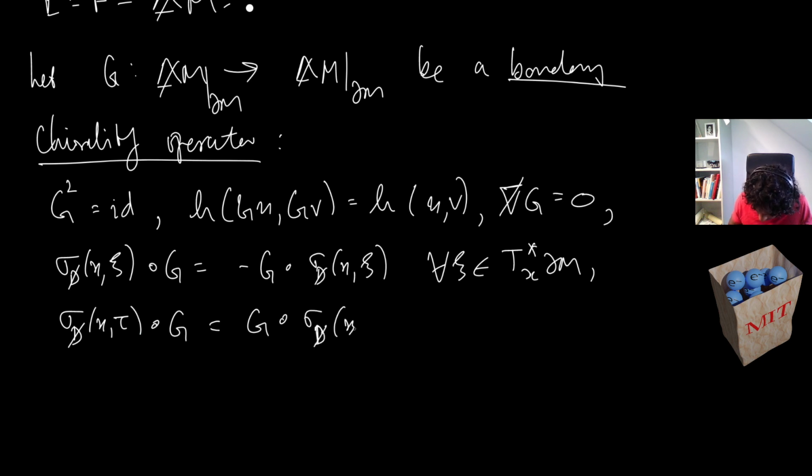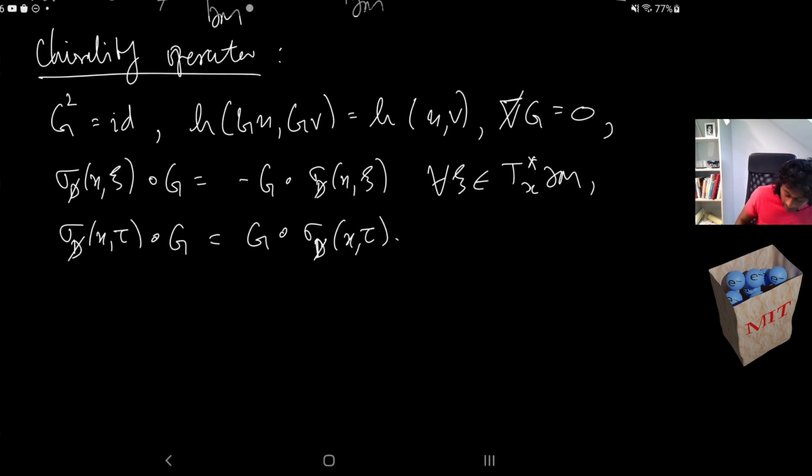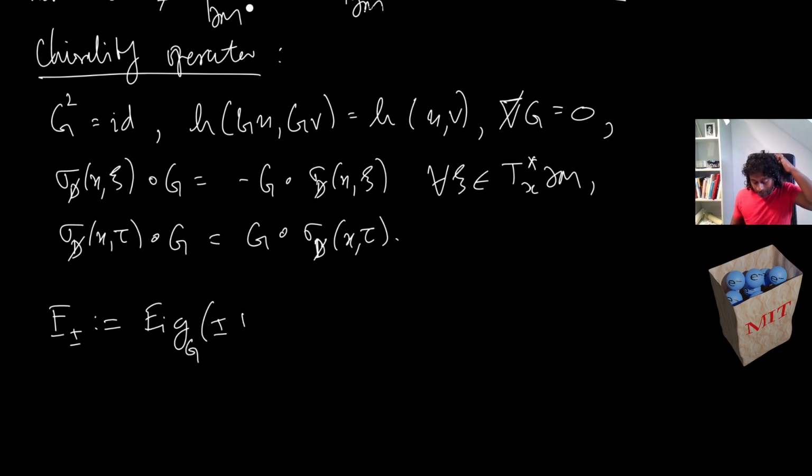Such an operator is called a boundary chirality operator, and there we get subspaces E plus minus, which are the eigenspaces of G. It has only two eigenspaces because it squares to the identity, so the spin bundle is now equal to E plus plus E minus.